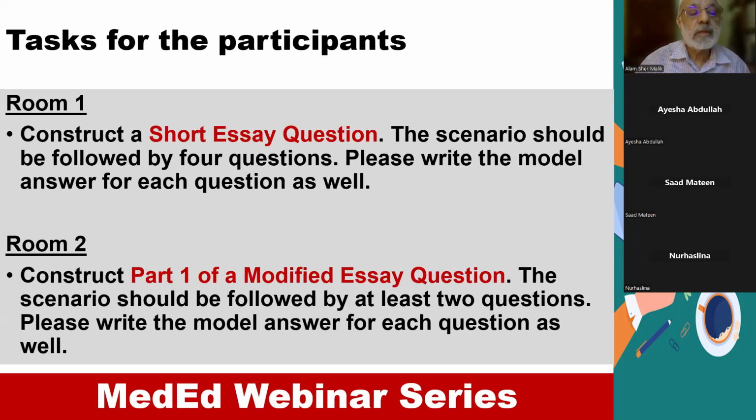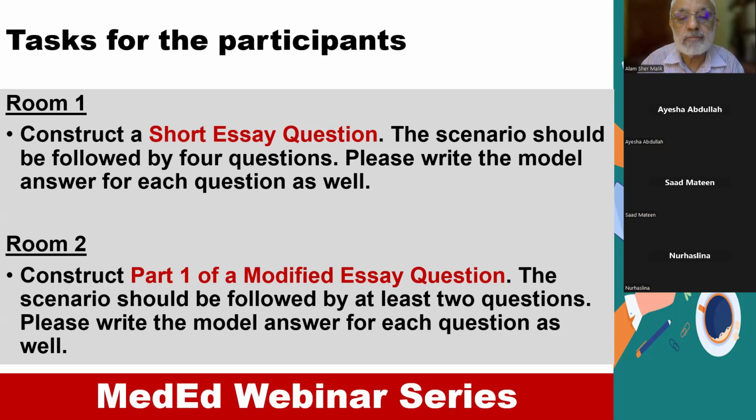Although I'll be sending through WhatsApp, I'm just going through the tasks here as well. In room 1, the participants would construct a short essay question. The scenario should be followed by 4 questions, and please write the model answer for each question as well. In room 2, the participants would construct part 1 of a modified essay question.